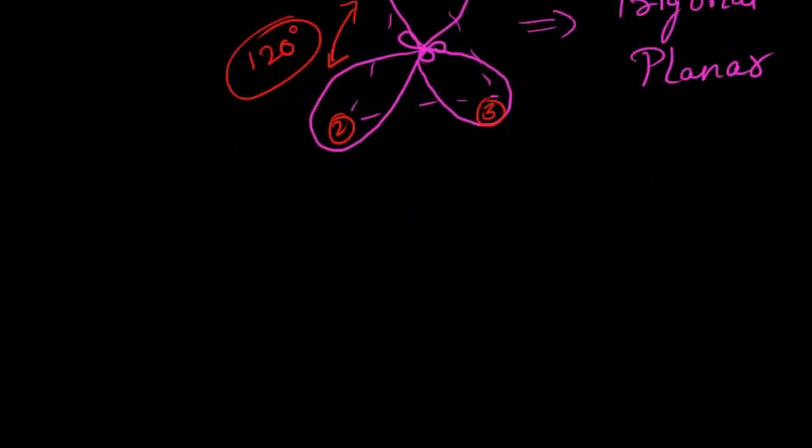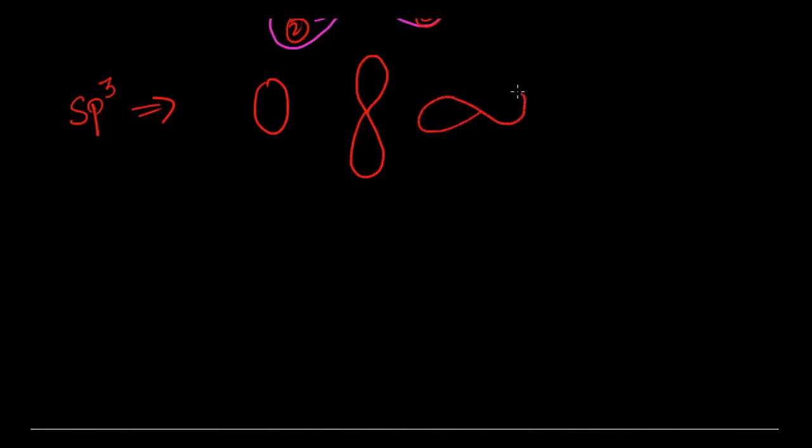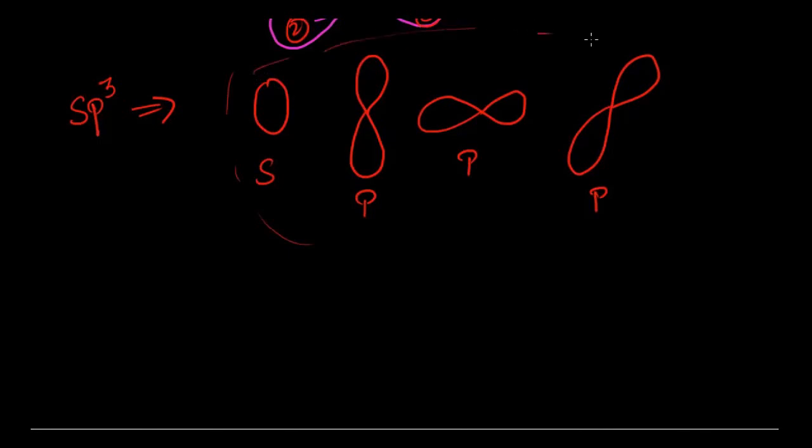Now let's look at the third type, sp3 hybridization. It's a very important type. I think you can guess: there will be one s orbital and 3 p orbitals. So these are my 3 p orbitals. This is my s, this is p, and this is p. All these 4 orbitals combine together and give me how many hybrid orbitals?